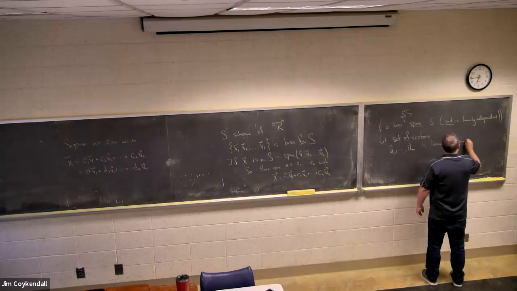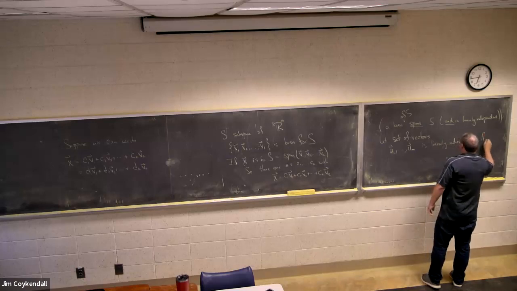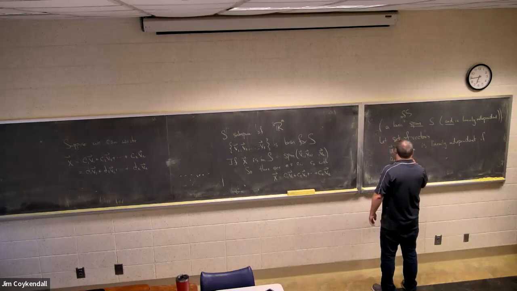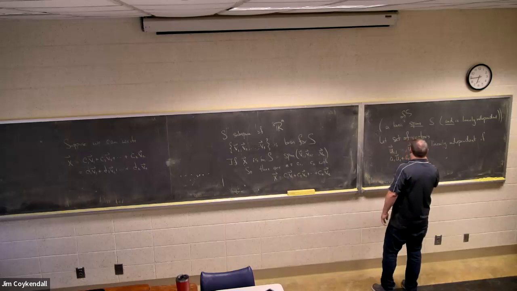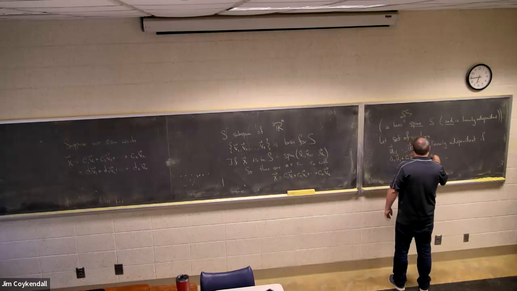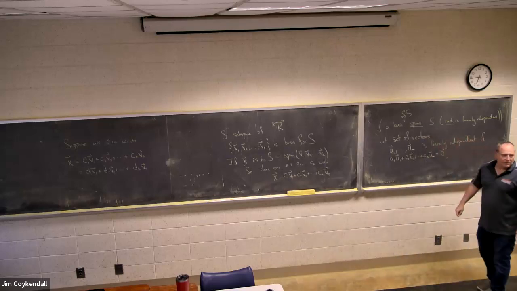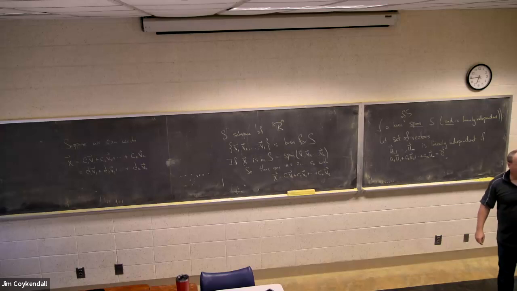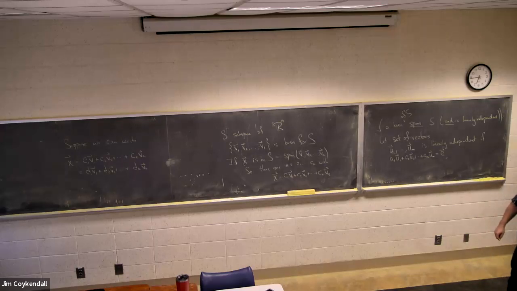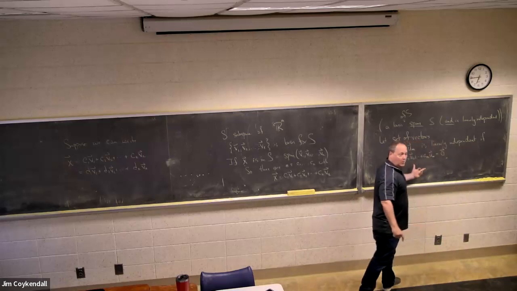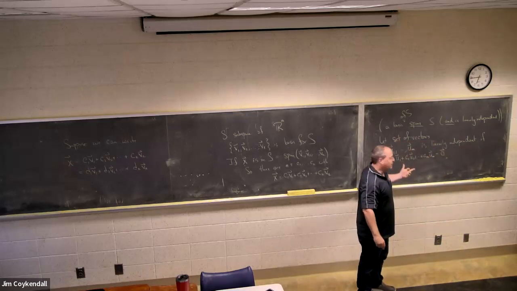A1 U1 plus A2 U2, and so on. If that did ever add up to the zero vector, what does this mean? Are all the A values uniquely determined? All the A values in this case have to be zero. That's the definition of linear independence.